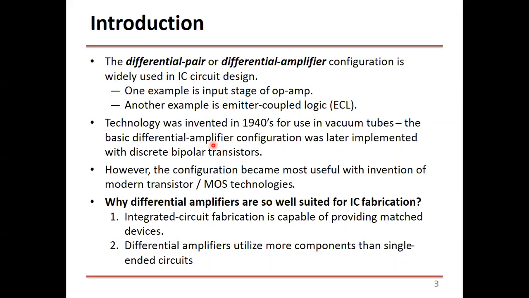So this technology was not put in practice until the integrated circuits were fabricated, and modern technology uses the MOSFET transistor technology and the bipolar junction transistor in integrated circuits.